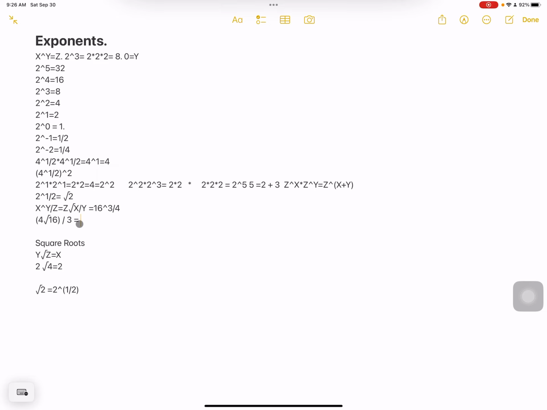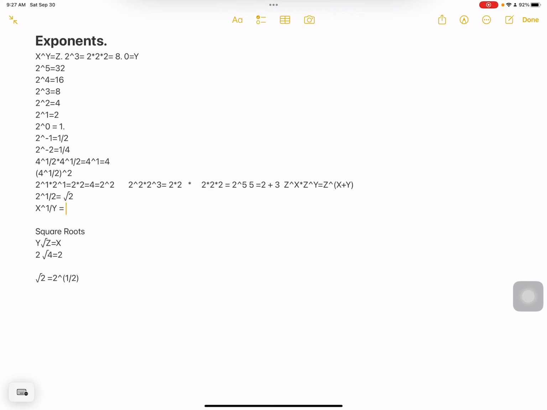This just equals 16 divided by 3. That does not make sense. No, I don't know. But basically, this is an easier and better equation.